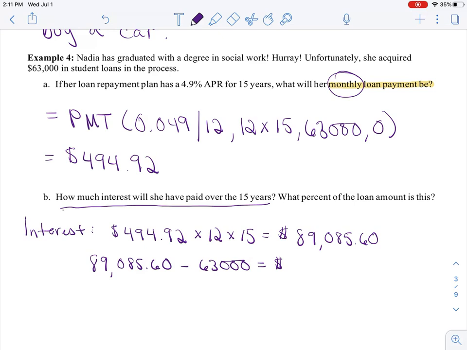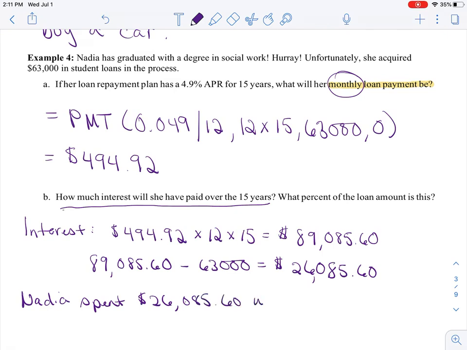So again, be really clear with your answers when you submit your work. So $26,085.60. I would say Nadia spent $26,085.60 in interest alone. This is huge.